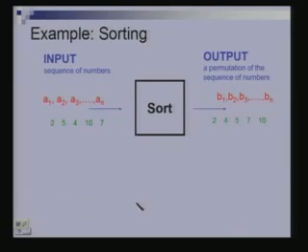Okay, so we need to take an example now. I'll take an example of sorting. You all know what sorting is. Yeah? The input is some sequence of numbers. Output is a permutation of the sequence, which is in non-decreasing order. Okay? So if this were my input, this should be my output.